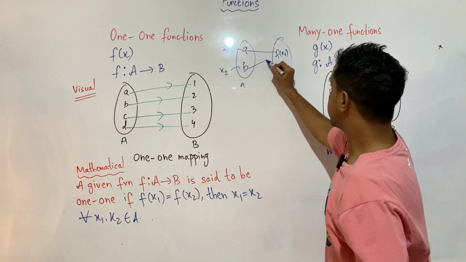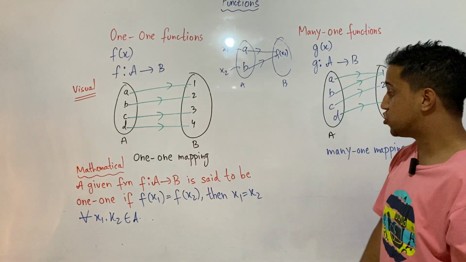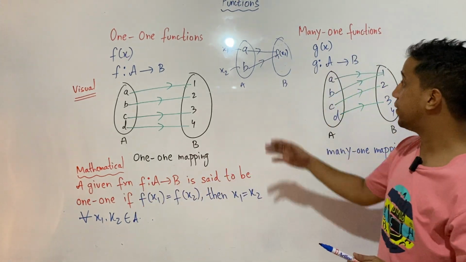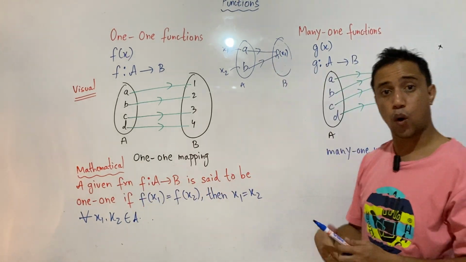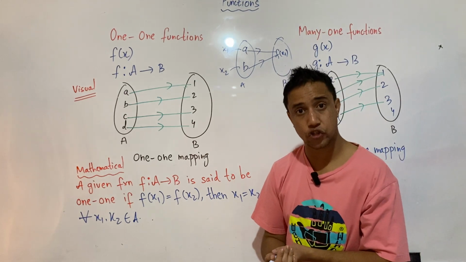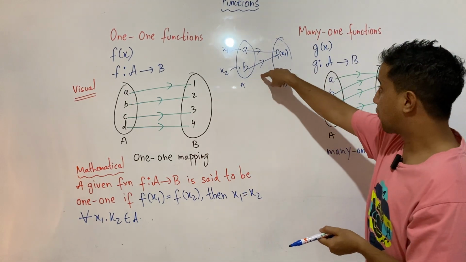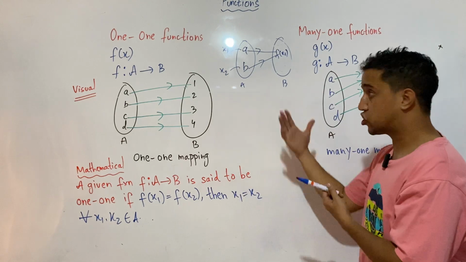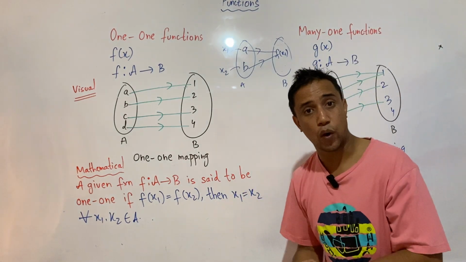Now if you look here, then what will happen? You are saying it's going to be 1 1, but if f(x1) is equal to f(x2) with different x1 and x2, then according to this scenario it should be many one, right?